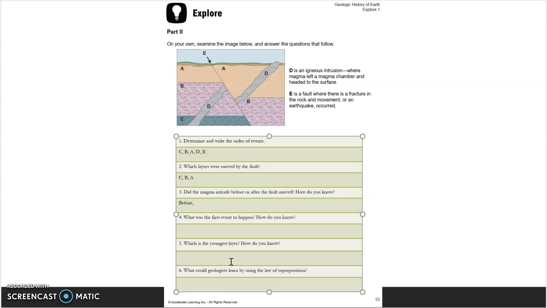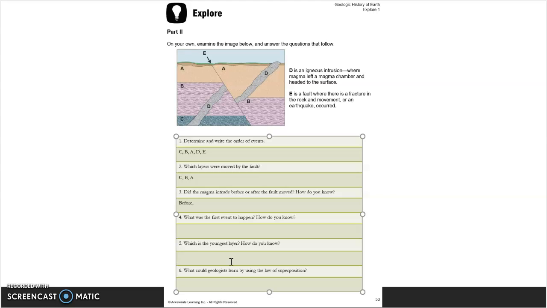Okay, youngest layer. It's going to be, I'm sorry, it's going to be the intrusion. That's the last event. The first event, let's see. First event and then the fault. Sorry, guys. The youngest layer, we're looking at, they're not labeled.